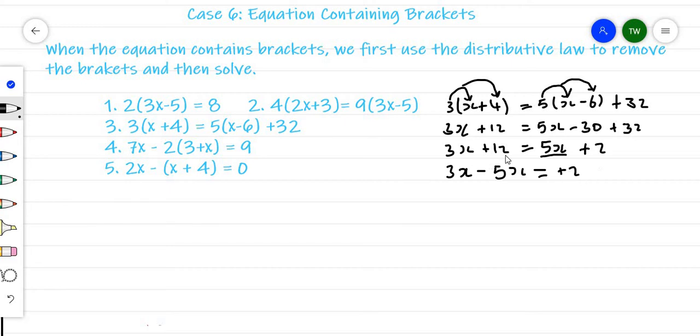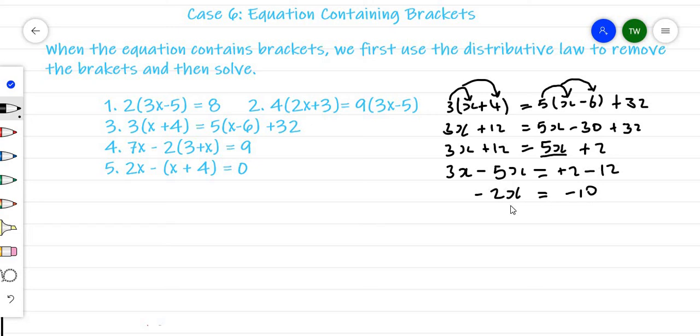Now here I have positive 12. So if I bring positive 12 across, it's going to become minus 12. Now by doing that, I have the like terms on one side of the equation, so I can combine the like terms. So 3x minus 5x, that's going to give me negative 2x, which is going to equal positive 2 minus 12, that's going to give me negative 10.